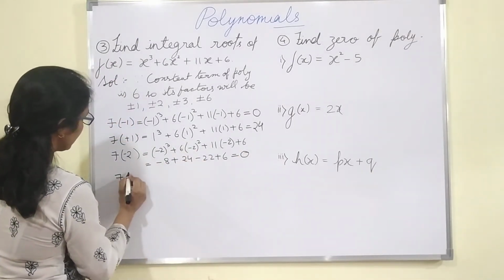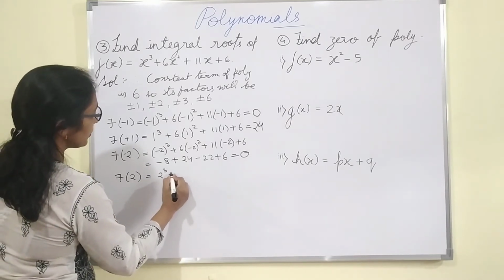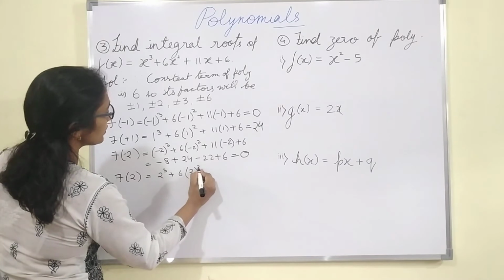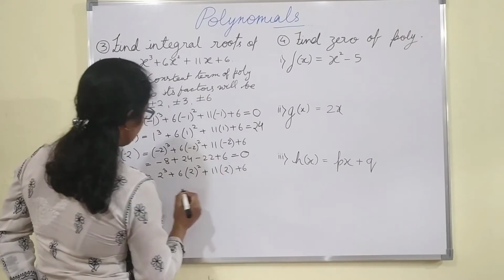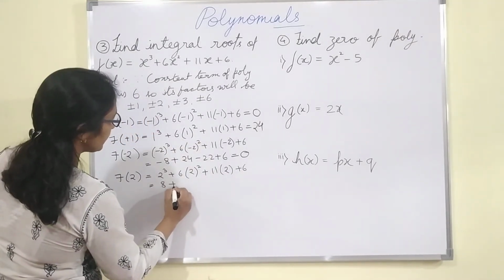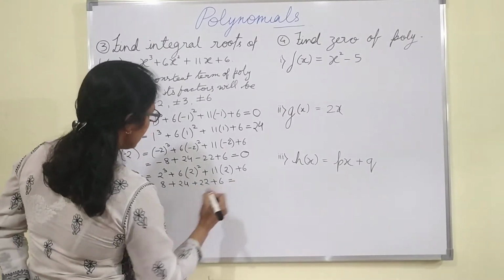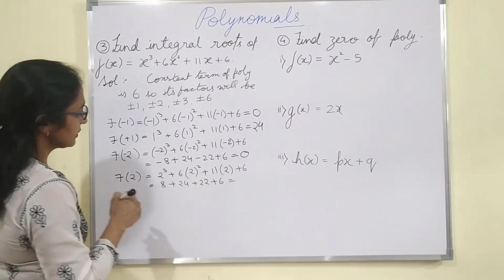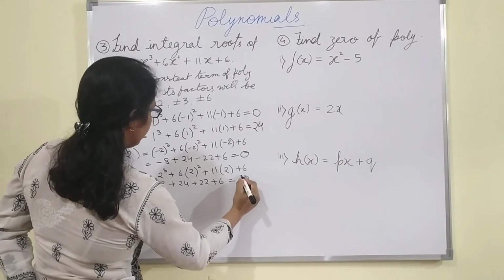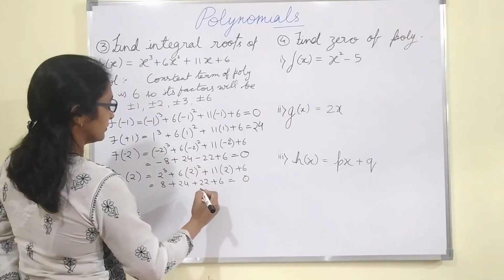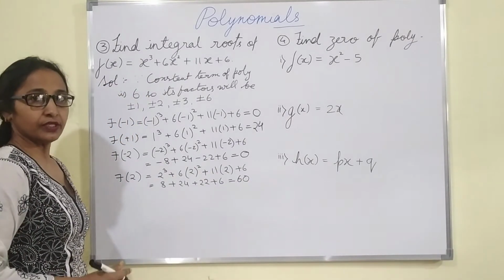Now +2: 2³ + 6 × 2² + 11 × 2 + 6, so 8 + 24 + 22 + 6 equals 60.